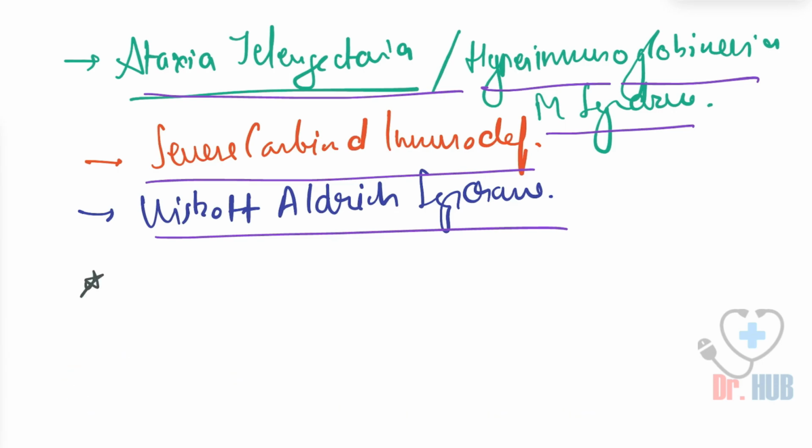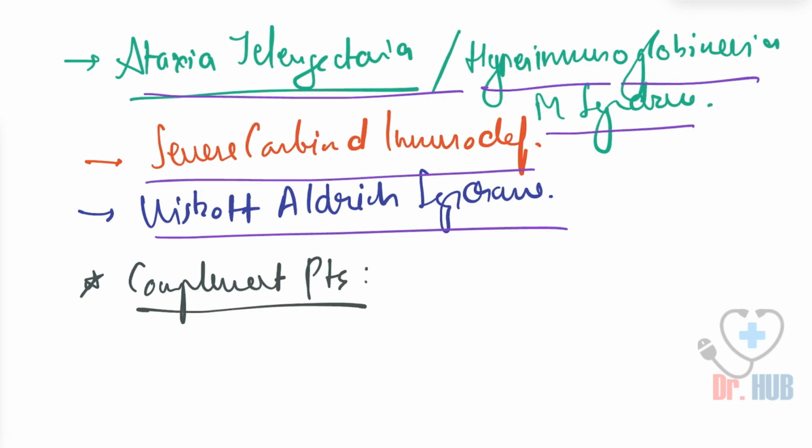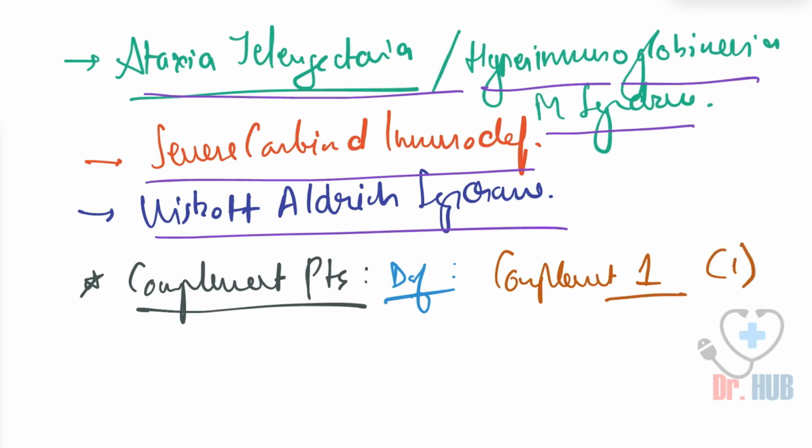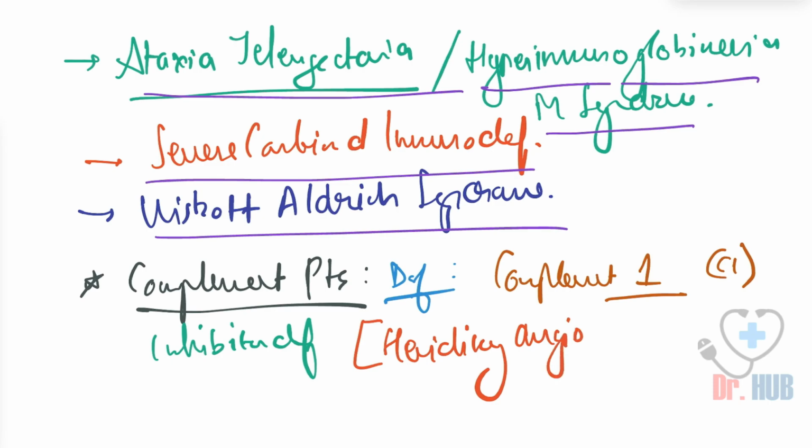Next, we look at the complement proteins. So what are the complement proteins? Under complement proteins, we are dealing with the deficiency of the complement proteins. The examples are complement component 1, known as the C1 inhibitor deficiency, and that is the hereditary angioedema.